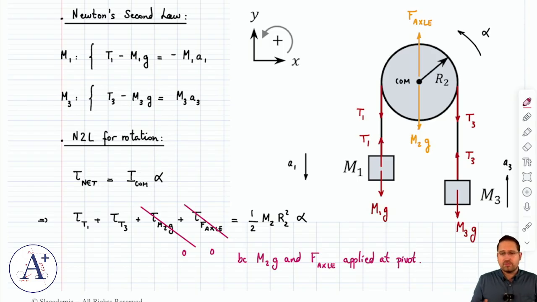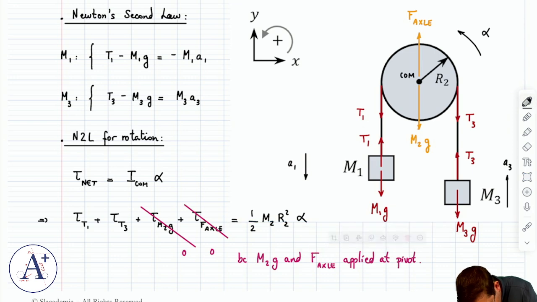In other words, the only way you get a rotation is with T1 and T3. You can pull down like this with M2G. It's not going to cause a rotation one way or the other about the pivot. It's just not. So, fair enough. Then what is the torque of T1? What is the torque of T3?